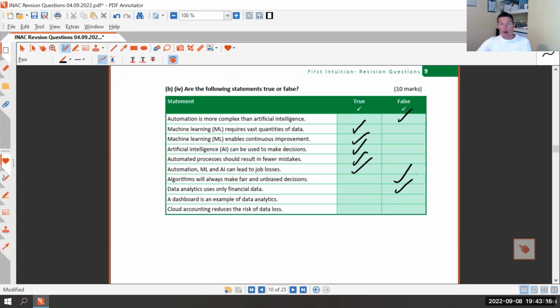Next one, a dashboard is an example of data analytics. Do you think that's true or false? An example of this is, let's say, the home screen on Xero.